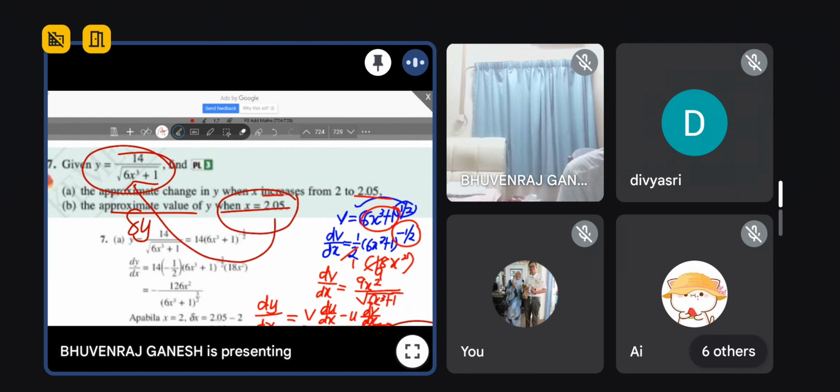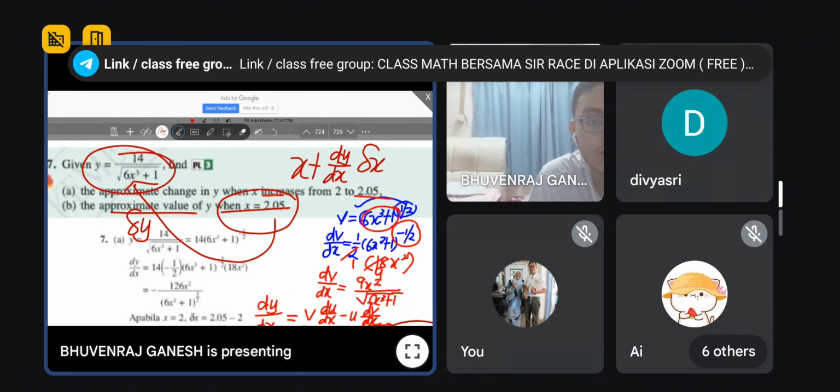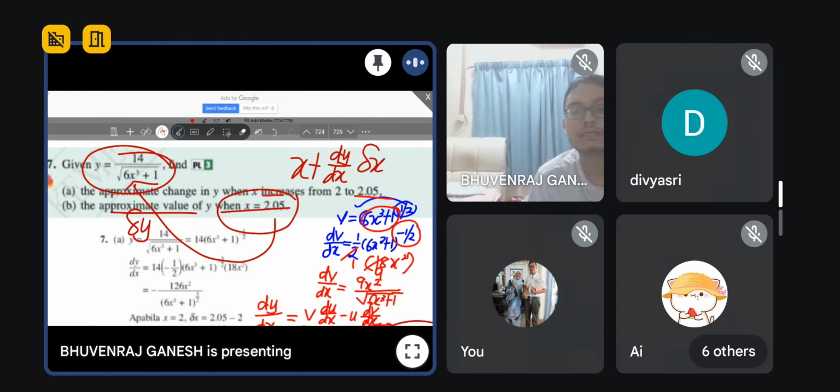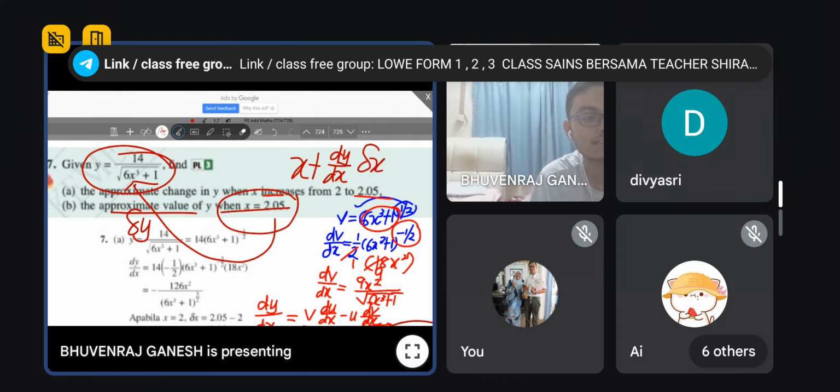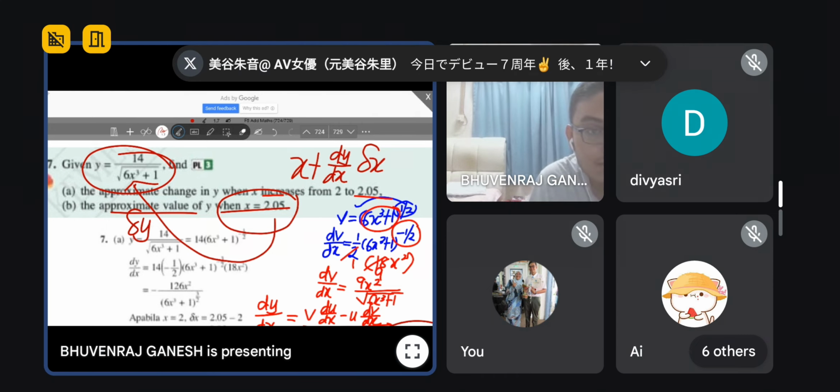So basically, the formula is you take your x value plus dy dx times delta x. Okay, so this will be your answer. This will be the formula for you to find the approximate value of y. Okay, guys, can you all get it? Sorry, not x.